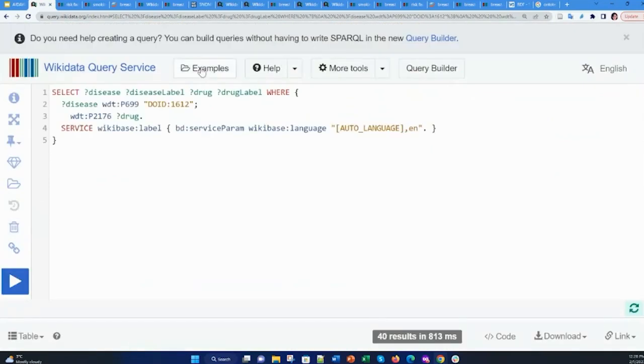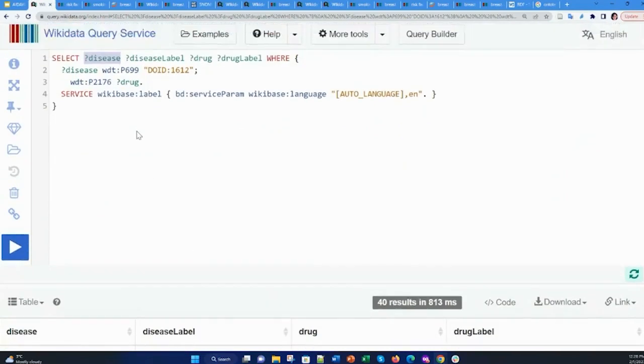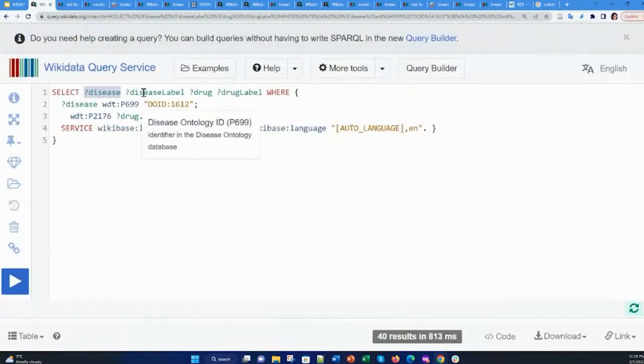In this example, we're searching for diseases, and this is actually searching for URIs. Here we'll see the result for URIs for diseases in Wikidata and disease labels.